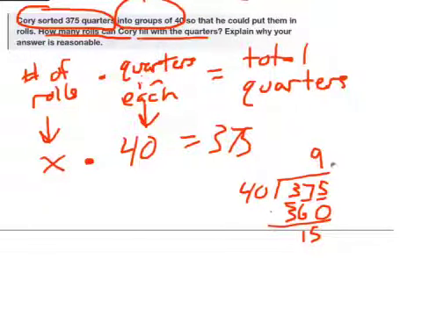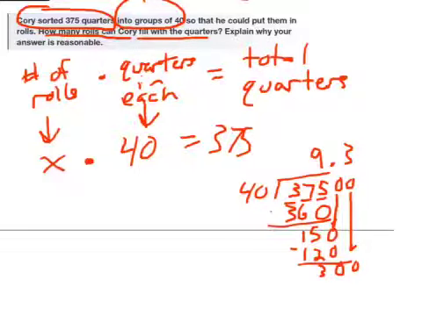Well, I'm going to keep dividing. So I get a decimal point. I put my 0 here, bring it down. 40 goes into 153 times. I'm doing this quick because I believe you guys can do the division, since we're getting good at that. 3 times 40 is 120. I subtract, and I'm going to get 30. I'm going to bring down another 0. And 40 goes into 300 7 times.